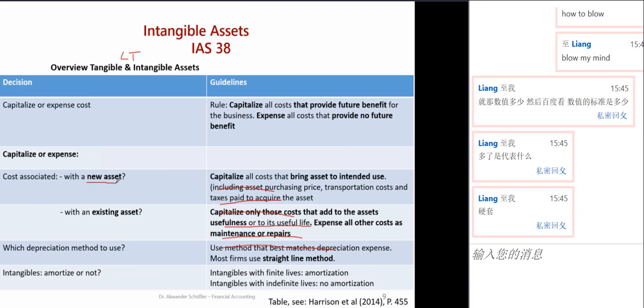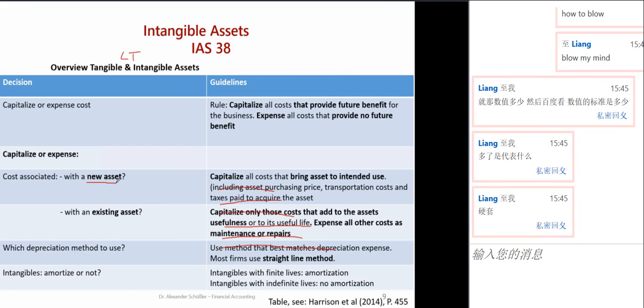With an existing asset, you can capitalize only those costs that add to the asset's usefulness, that make it more useful, that make it better. But if you're talking about repairs or maintenance that is necessary to keep the asset going, then you have to expense them. You're not allowed to capitalize them.